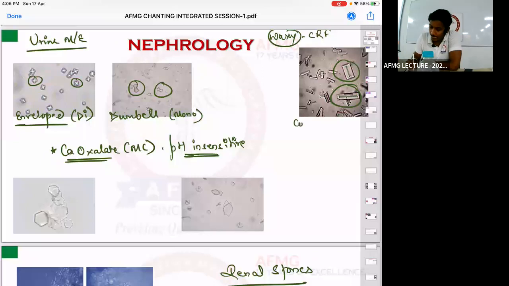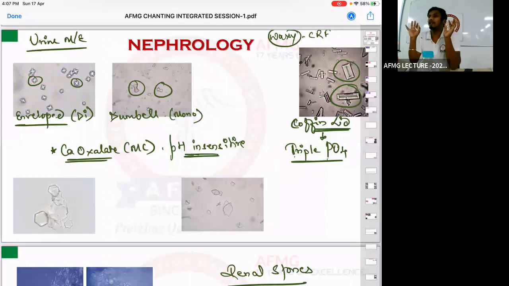What is the shape of the crystals? So coffin lid shaped crystals. Coffin lid shaped crystals are a feature of true white stones, also called triple phosphate stones. In triple phosphate stones, which shape of crystals? Coffin lid shaped crystals.